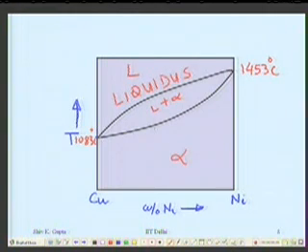There is another line which is here, we call it solidus. And as I had said, this is 0% nickel at this end, 100% nickel at that end. What is liquidus? What is solidus? Let's define that.